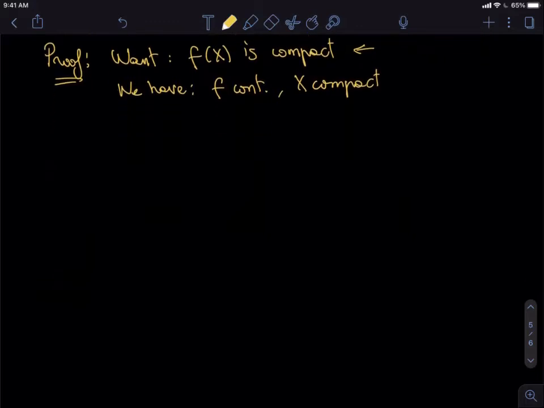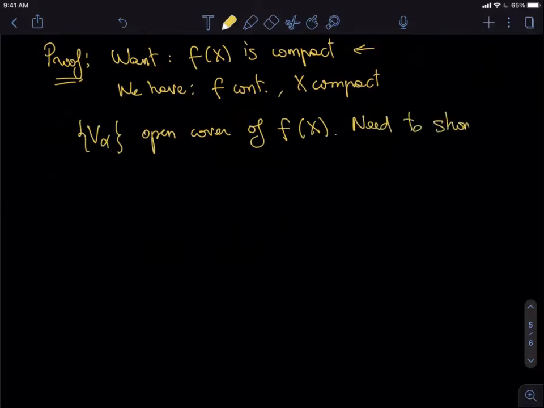The definition says that if we take an open cover V alpha of f of X, we need to show that there exists a finite subcover. This is what we need to show.